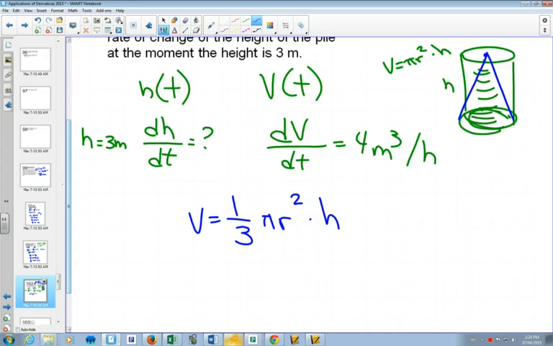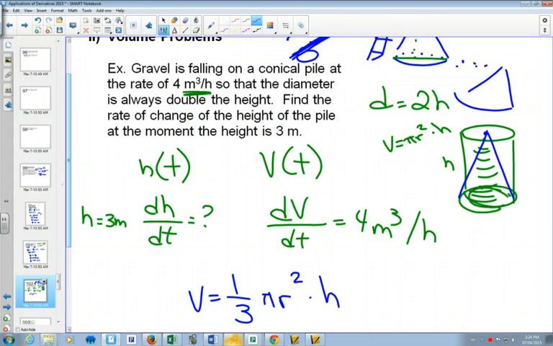However, we did know that the diameter was 2 times the height. So if there's a relationship between diameter and height, there would also be a relationship between the radius and the height. In fact, in this particular example, the radius and the height will always be the same, because if the diameter is always double the height, the radius and height would be the same.